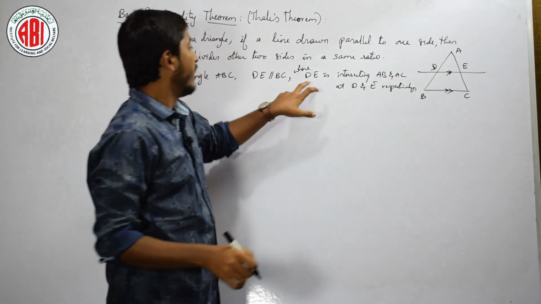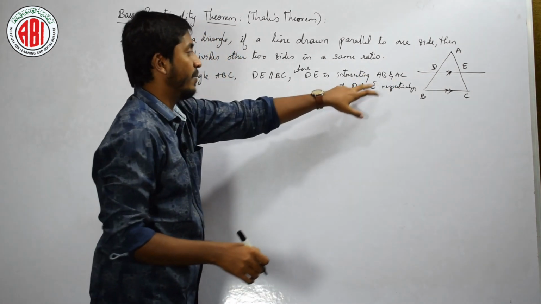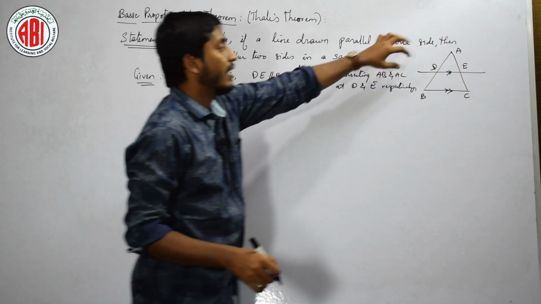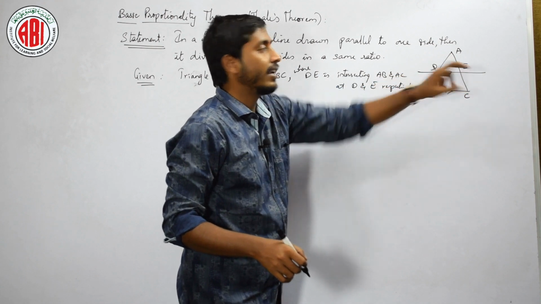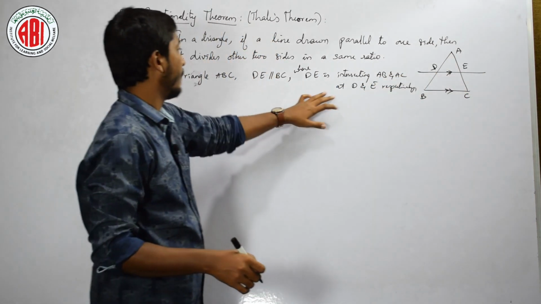What does that mean? DE is intersecting AB at D and AC at E. Is it clear?